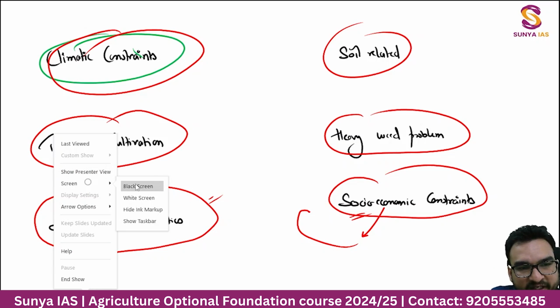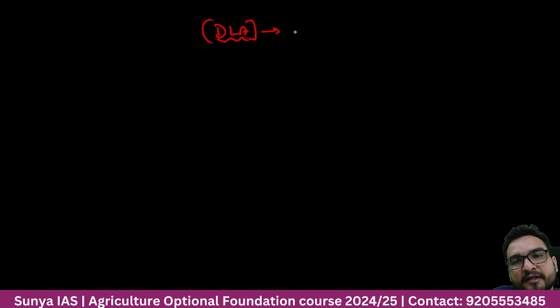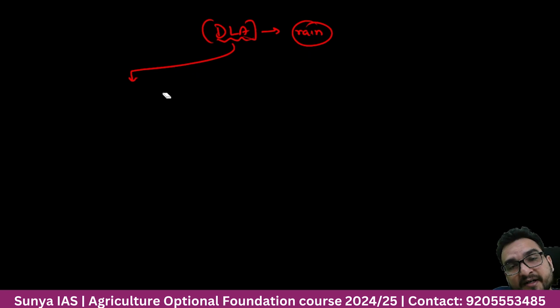Let us just see what all we have seen till now, and this should be in your notes, guys. We started the class with rainfed agriculture. You know that these are the areas where we completely depend on rain. I told you that this agriculture is important because of certain factors.